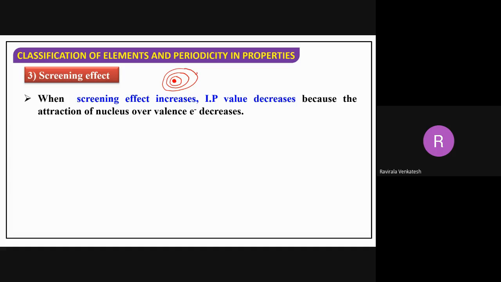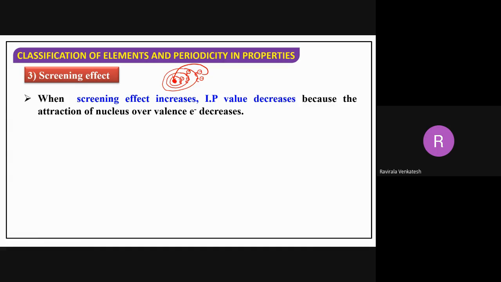Some valence electrons, mostly loosely held, are present here. Some inner electrons are also present in the first shell and second shell. Now this nucleus is unable to attract these electrons.